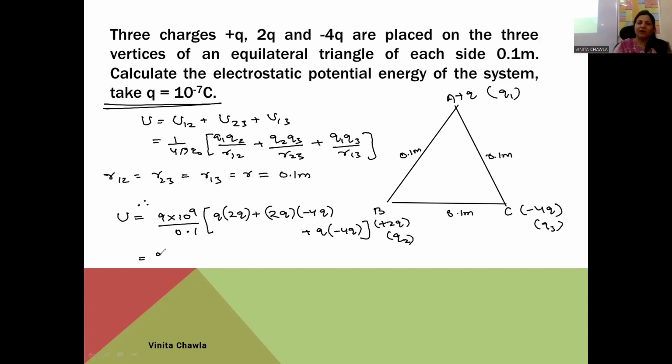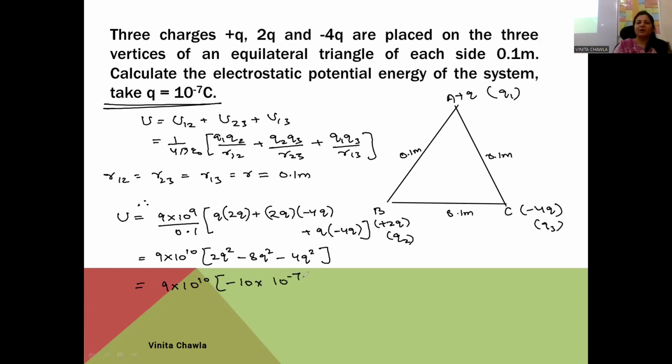So we have 9 into 10 raised to the power 10. In the bracket we have 2Q square, here we have minus 8Q square, minus 4Q square. So we'll get, tell me, minus 12. Minus 12 plus 2 is minus 10. So 9 into 10 raised to the power 10, in the bracket we'll write minus 10 into Q square.